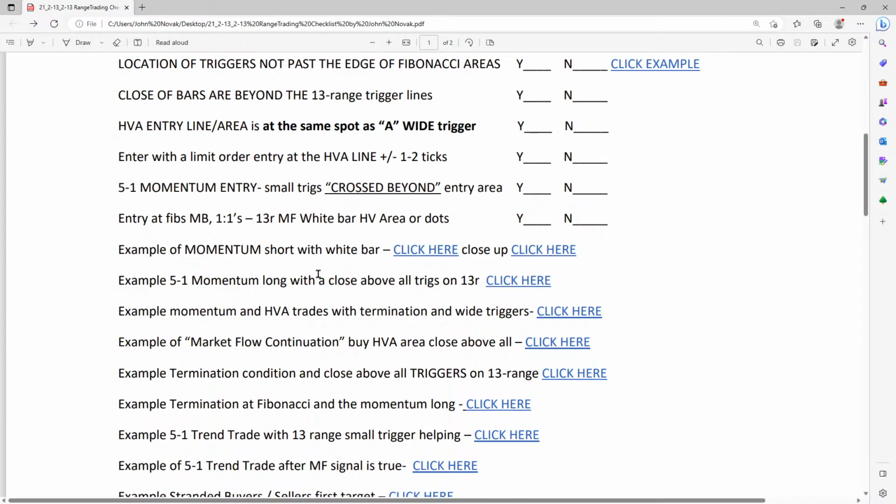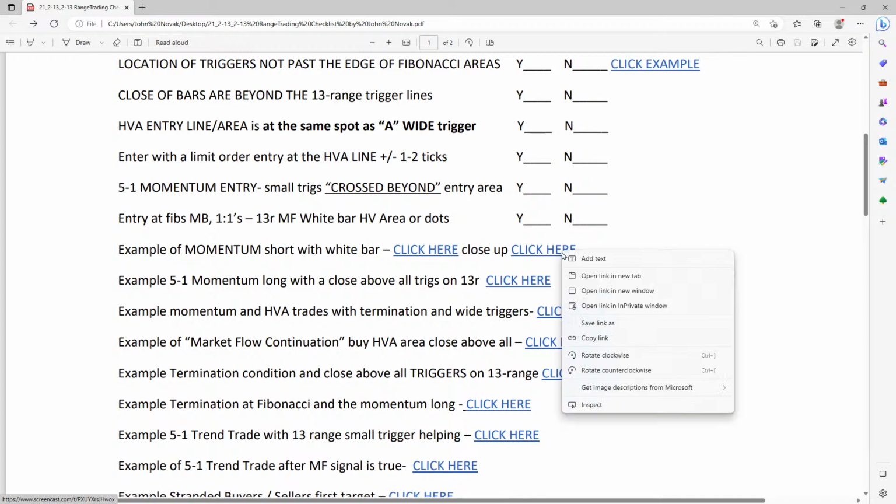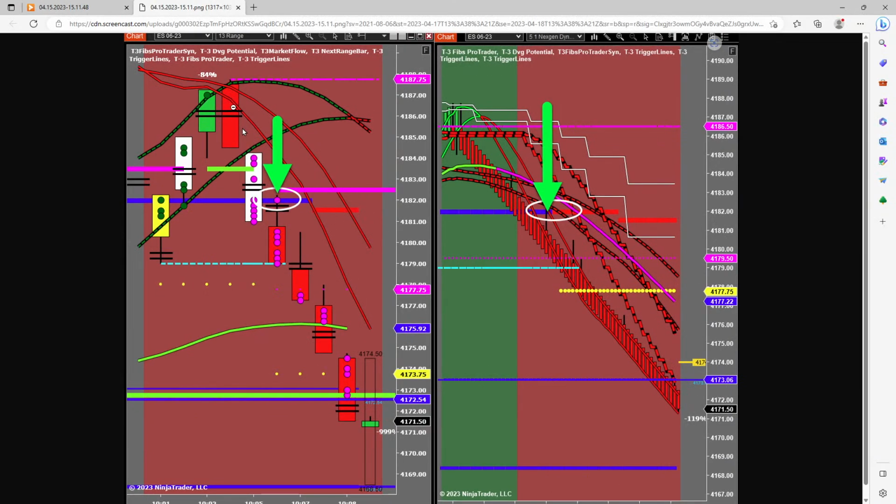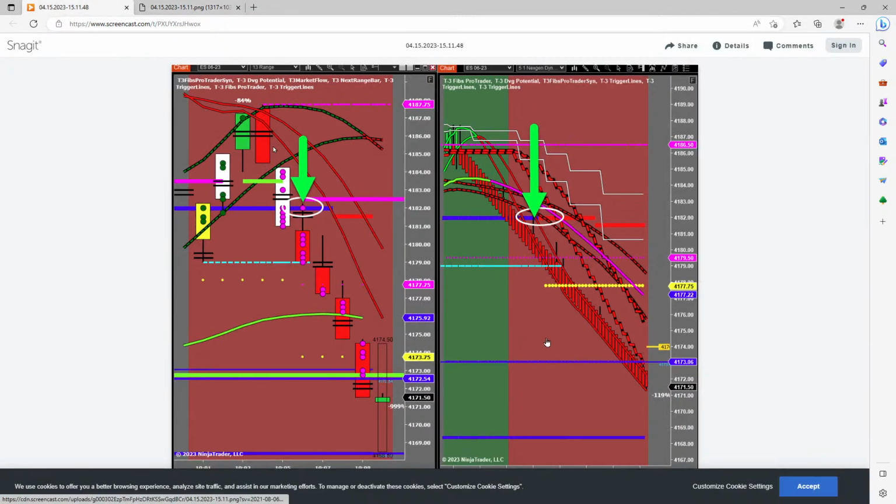Right? All right. So is everybody okay with this? Again, what's the one common component that I put in here? And again, this is to save me from me. Closing below all of the trigger lines is the prerequisite for me to be looking for some type of momentum trade. Everybody cool with that?